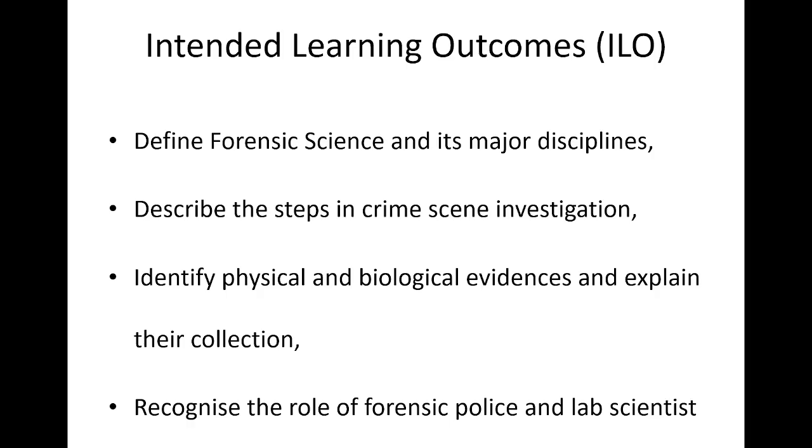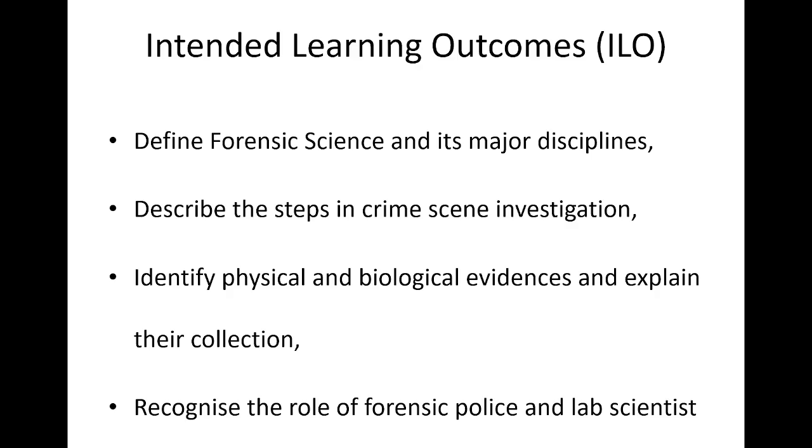So we're going to cover these intended learning outcomes. We're planning to define forensic science and its major disciplines. What are they? We're going to describe the steps in a crime scene investigation, how the investigation kickstarts, and identify physical and biological evidence.